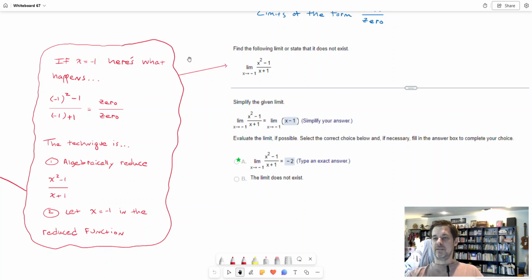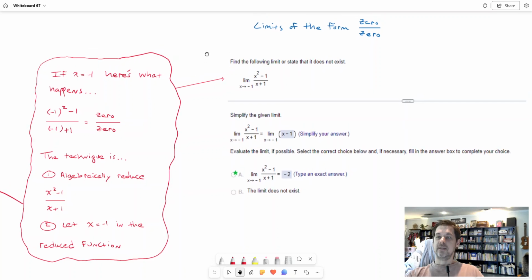I get negative 1 squared on top, that's 1, minus 1 is 0 on top, and then I get negative 1 plus 1 on the bottom, and that's also 0. That's why I say it has this form 0 over 0.